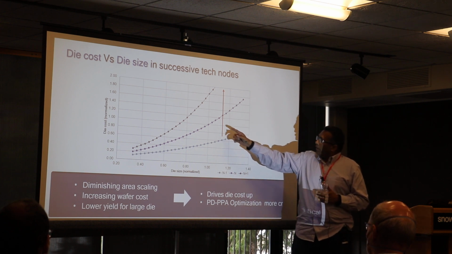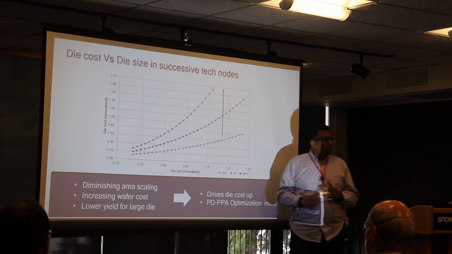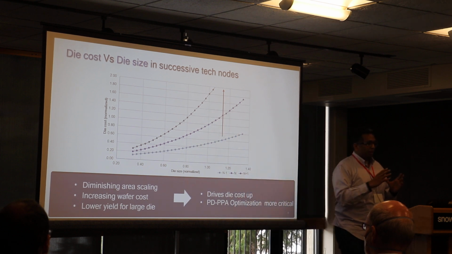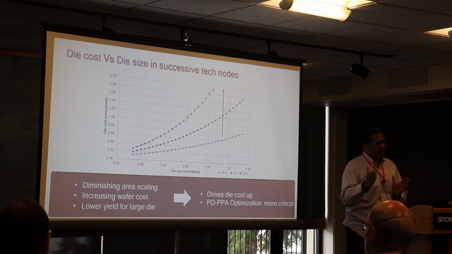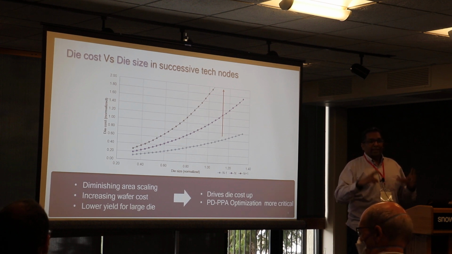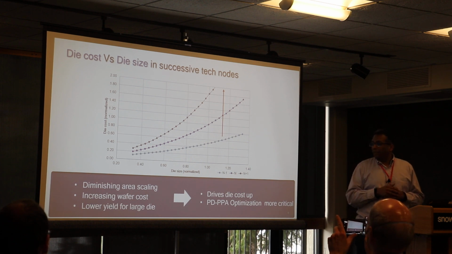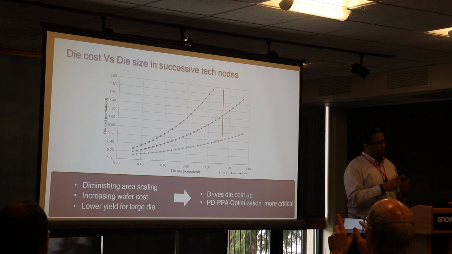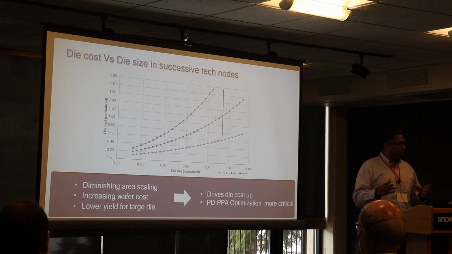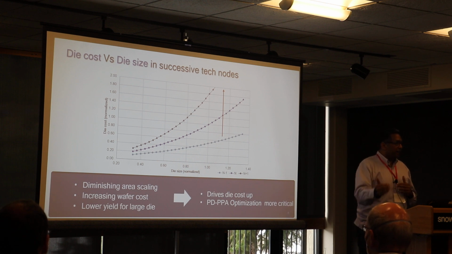You can look at these two points. Even if you do your PPA and keep it to the same die size in the next generation, you still are paying for the cost. So the cost is very critical, because with the next technology the wafer cost is higher and the yields are lower. Obviously all of this adds to the cost, so we need to work on the PPA.